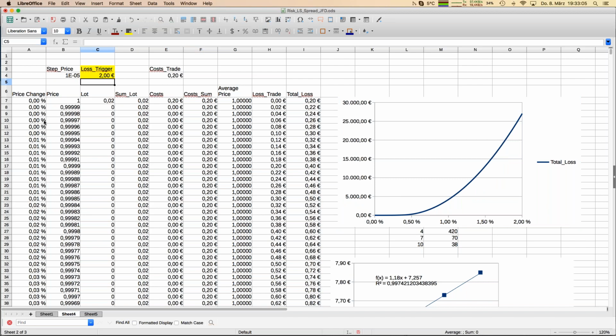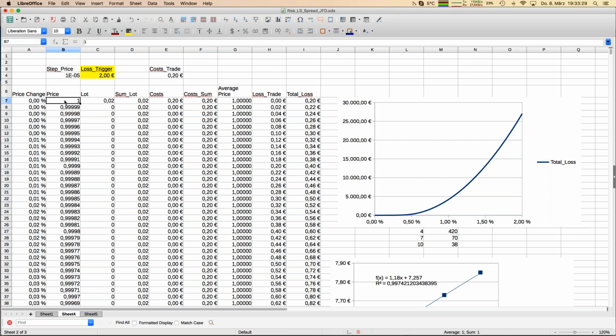What I have done here is the following. I simulated a price change. So I started with something which is at price level 1. Think that would be euro, US dollar, I don't care. Anything like that. And that price is constantly going down, as you see, but in very small steps in this case, because I want to do it quite accurately.